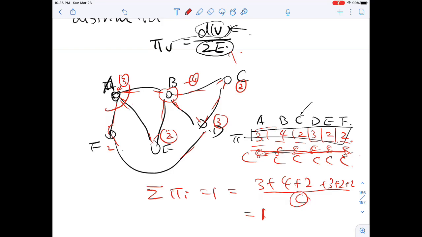Then I can figure out this C. I believe it's 16. It's not 8 because it's 2 times E. So in any case, what's really important is that the stationary distribution is proportional to the degree.